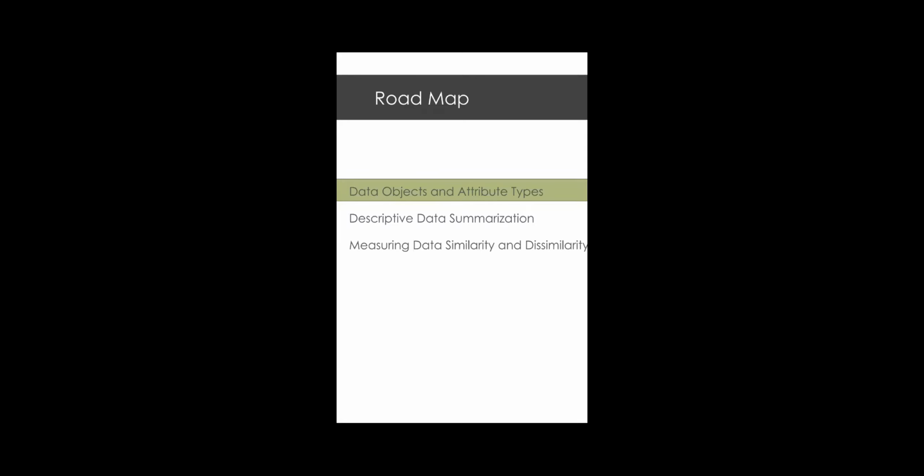A particular data set is made up of a number of data objects, and similarly an attribute is a particular data field representing the characteristics or features of the data object. Nouns are attributes, and the terms dimensions, features and variables are used interchangeably in the literature.